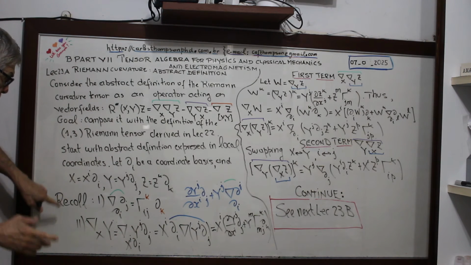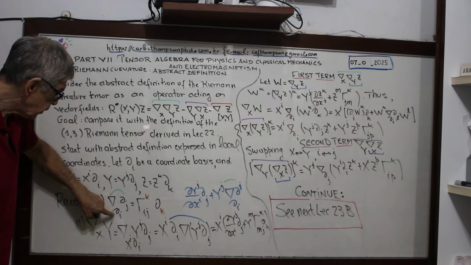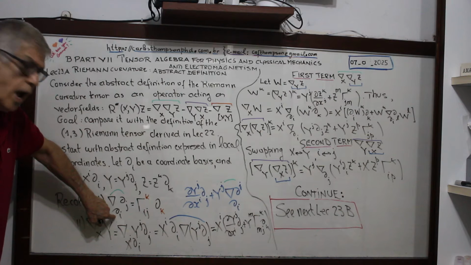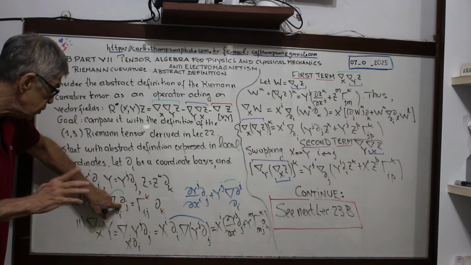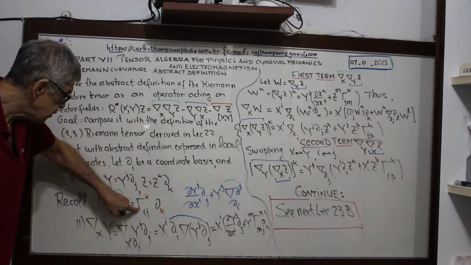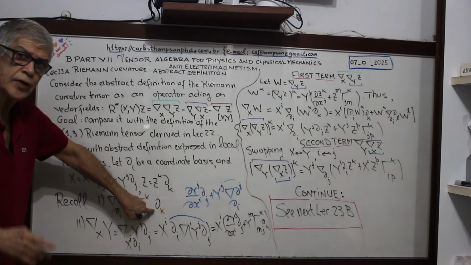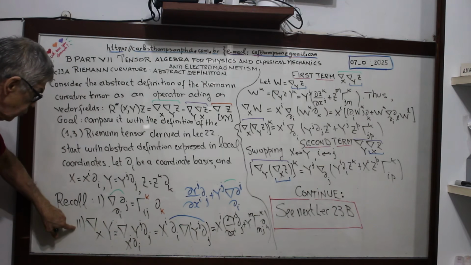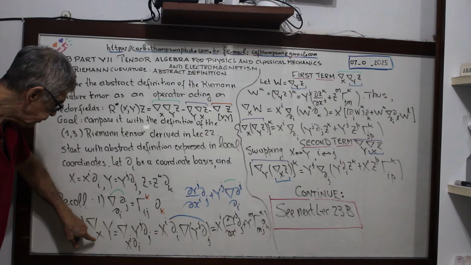Now, recall number 1: the covariant derivative of partial x^i along partial x^j, by definition, is the Christoffel symbols, Gamma^k_ij partial x^k. That's the definition. And number 2, the covariant derivative of Y.